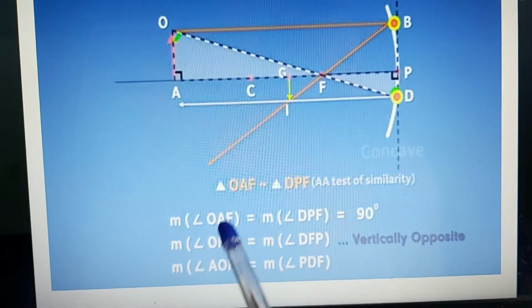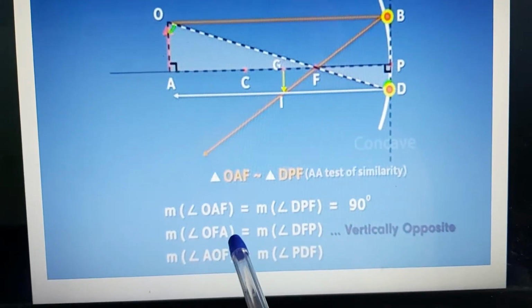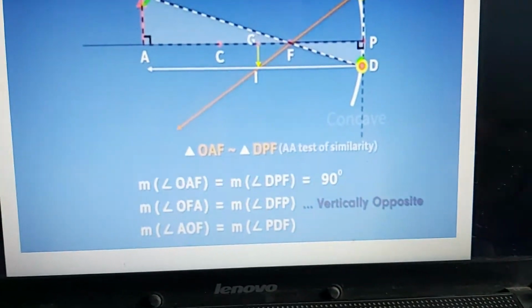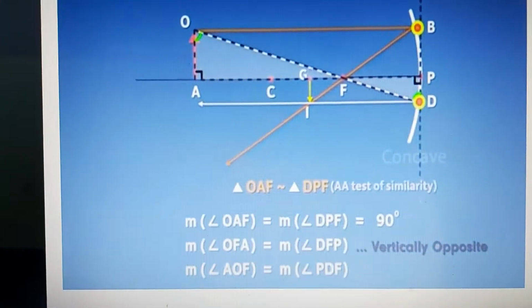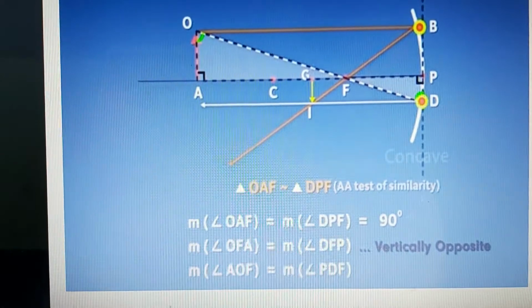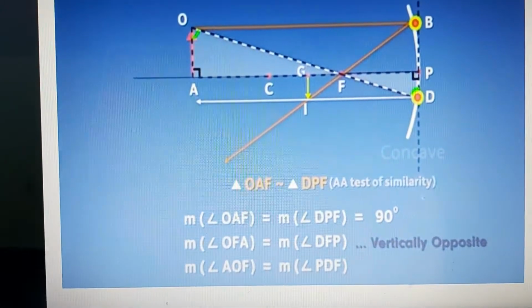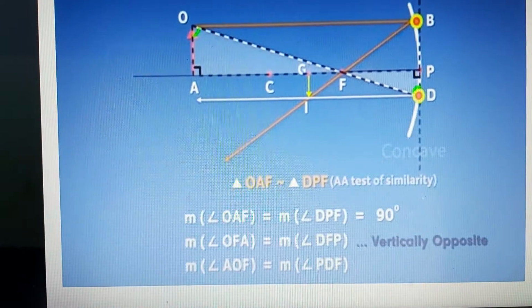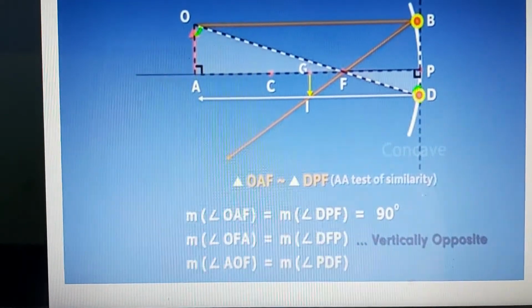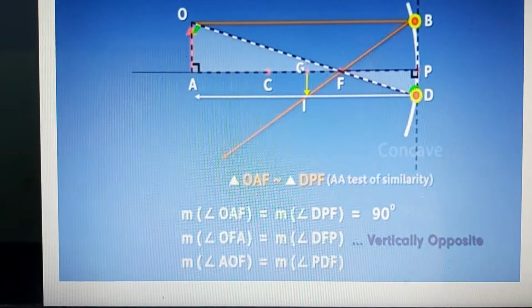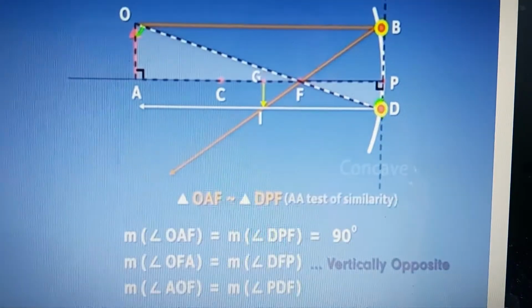What about these two angles? Angle OFA is equal to angle DFP. When two lines intersect, the vertically opposite angles are always equal. Hence, these two angles are equal. What about the remaining angles?